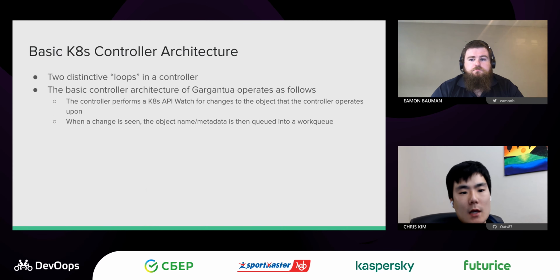When a change is seen, the object name and metadata are queued into a work queue. So the controller says from the first loop, hey, this user object has changed, and it pushes it onto our work queue for operation by this second loop.